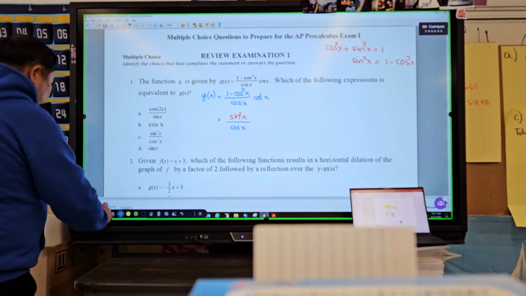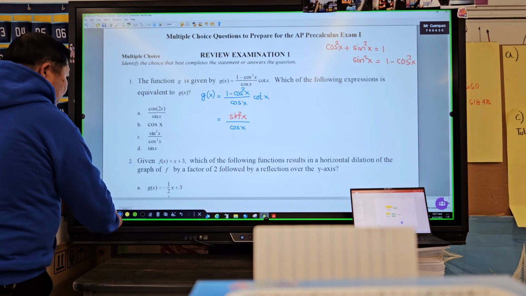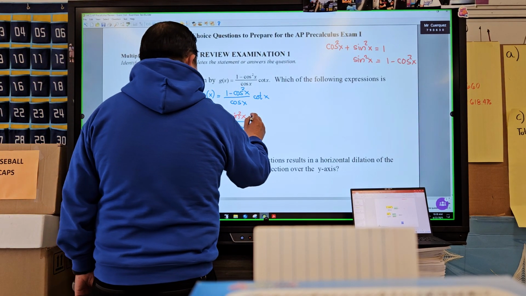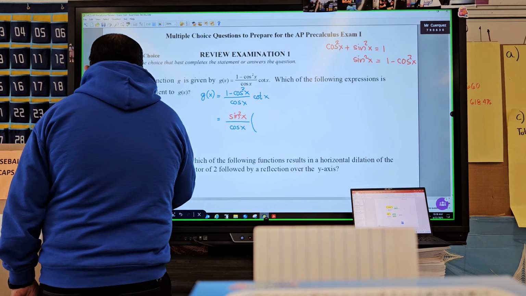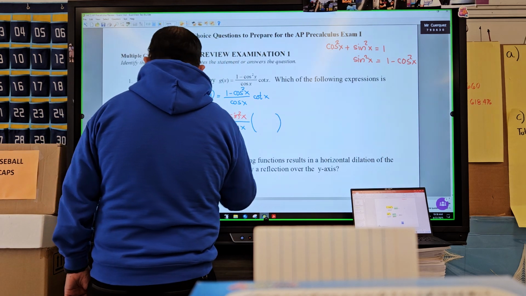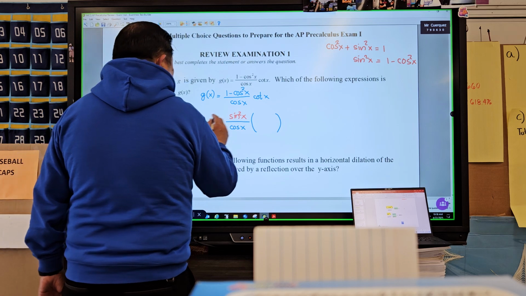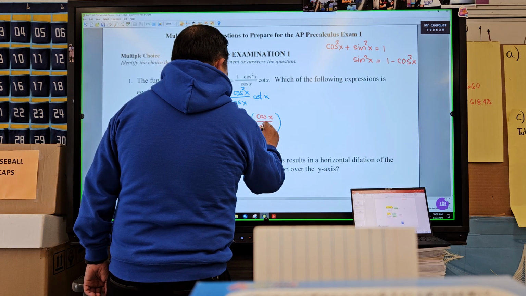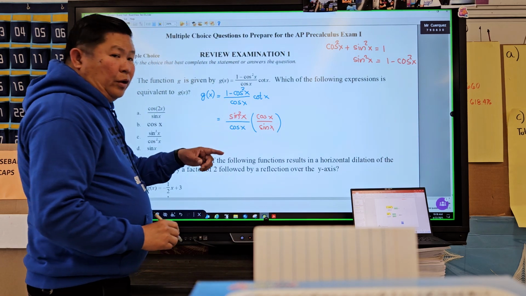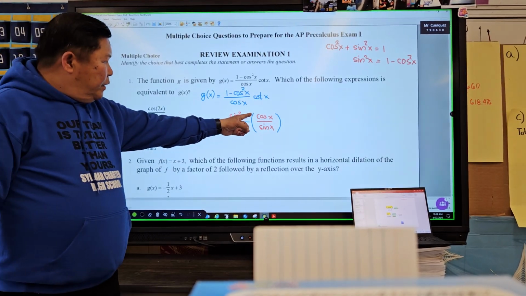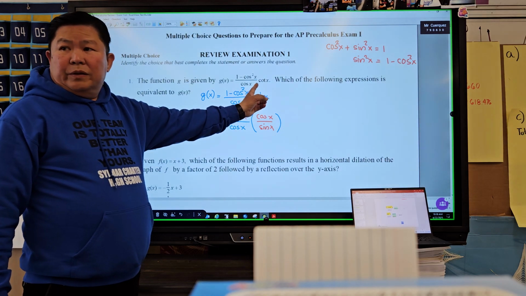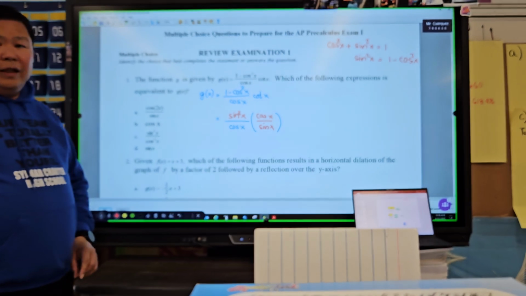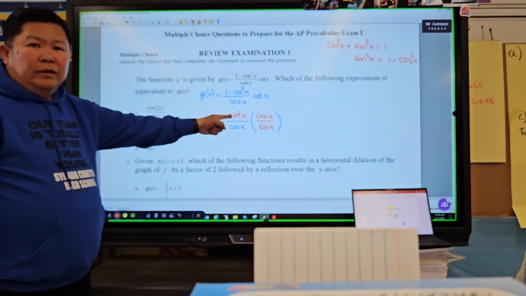So take the identity of cotangent as cosine x over sine x. I do color coding, guys, for you to understand that cosine over sine is equivalent to cotangent, or this is the identity of cotangent. Okay, here, and I can rewrite this.